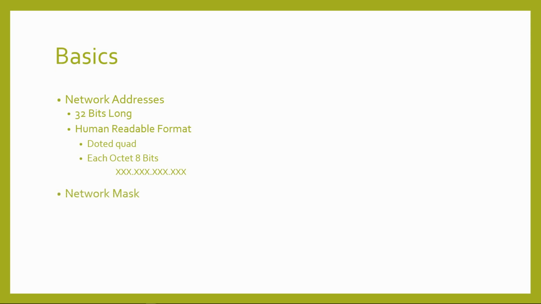A network mask, though, is what we use to separate the network bits of the address from the host bits of the address. We use it to calculate what is part of the network and what is the actual host address. It's very simple on a network mask.